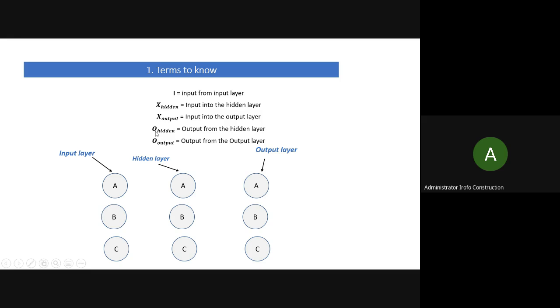So O subscript hidden means the output from the hidden layer, and O subscript output means the output of the output layer. These are some things you should know once you're trying to do matrix multiplication. Take two or three minutes to look at these and their meanings, because we'll be using them a lot.